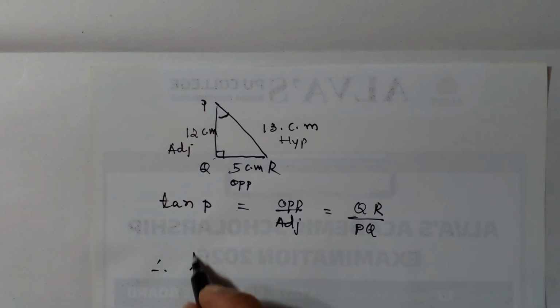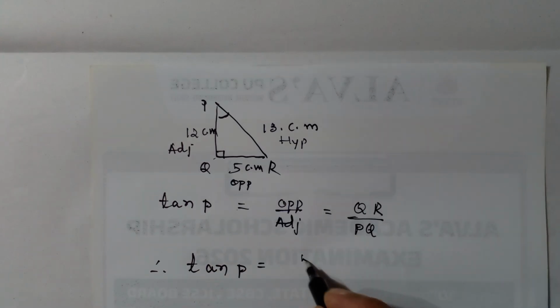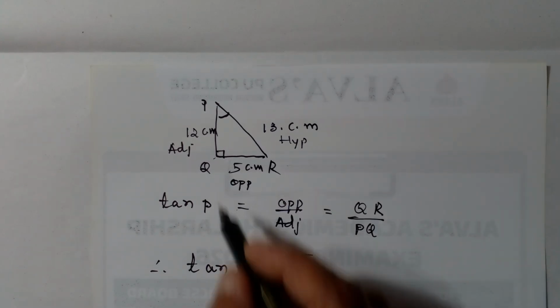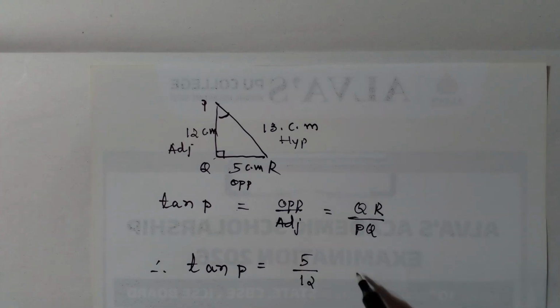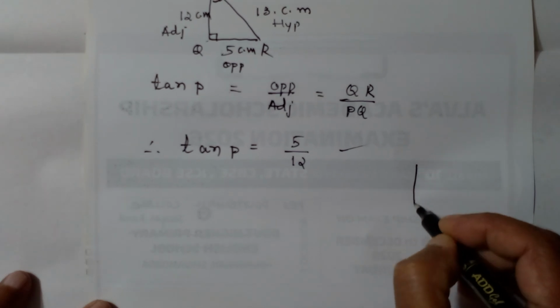So therefore, tan P is equivalent to QR, whatever length is given in the diagram, 5, divided by PQ, that is 12. So this is the value of tan P. After that, the question asks to find cos R. I want to draw the triangle again.